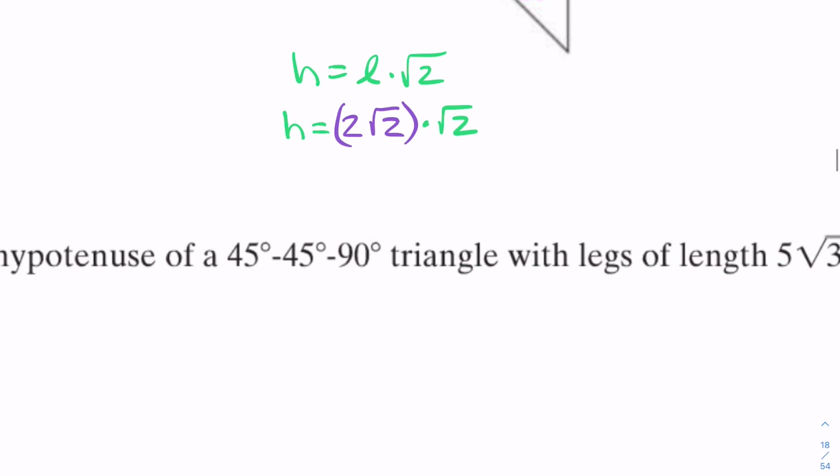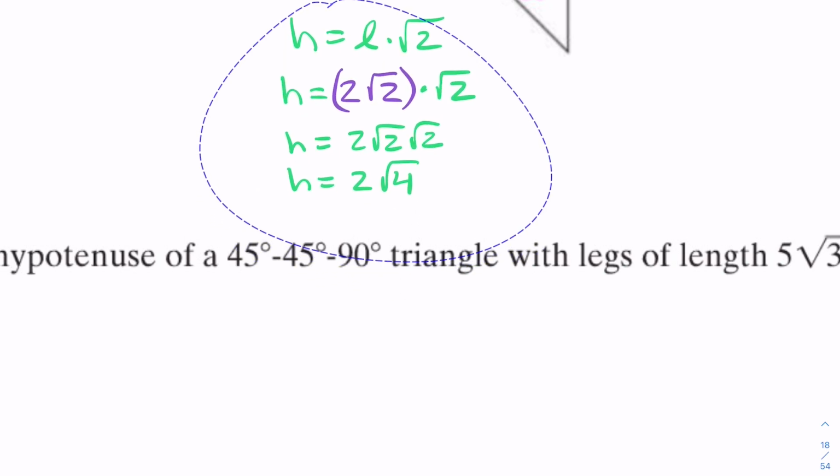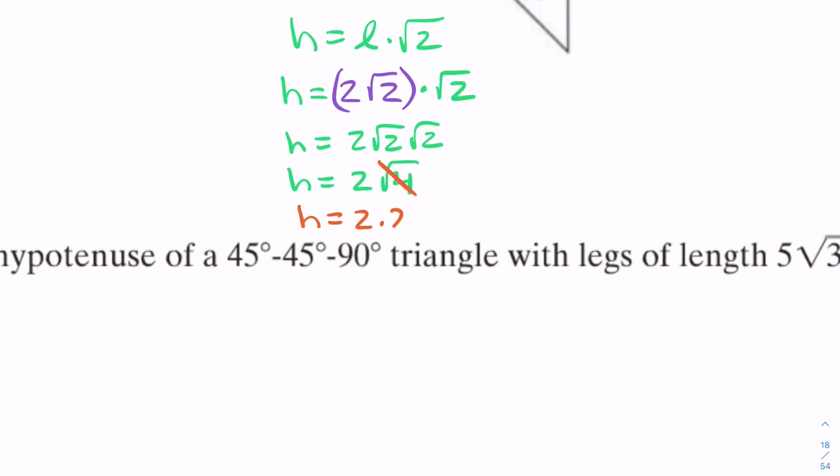So h is going to be equal to 2 square root of 2 times square root of 2, which is square root of 4, right? Don't forget, multiply the things inside. Will stay inside. So h equals 2 times 2, so h equals 4.